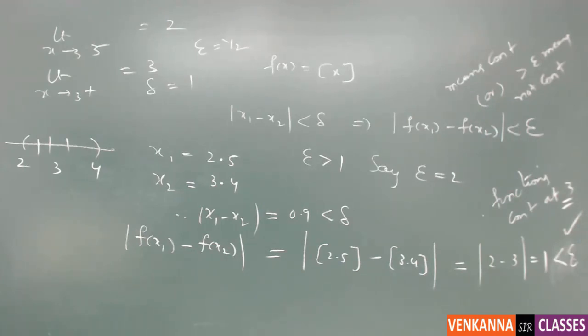Yes or no? So always epsilon will be taken as an arbitrarily small positive real number. At the most we take it as 1. Maybe if you are doing some practical experiments, you can take epsilon as greater than 1, but usually it is a very small real number lying between 0 and 1.